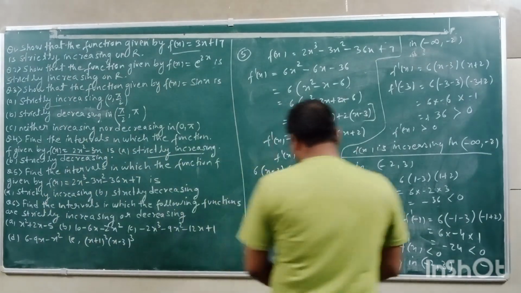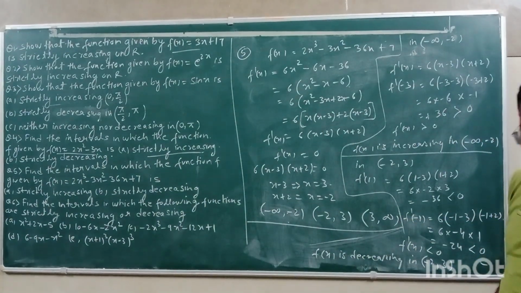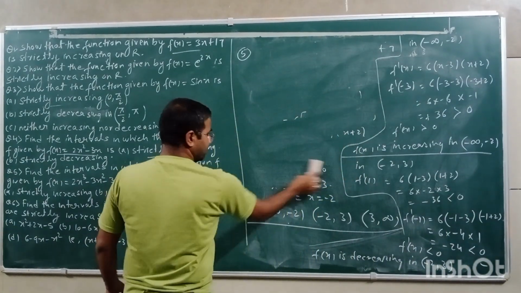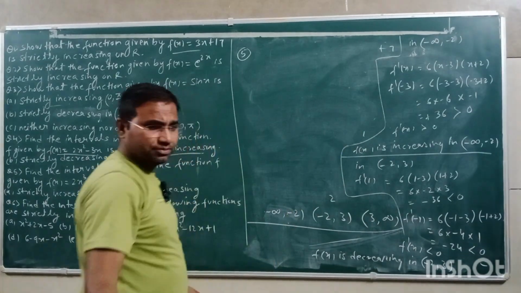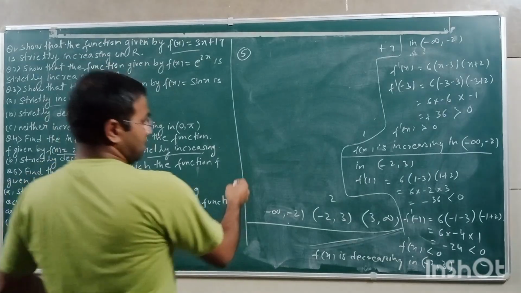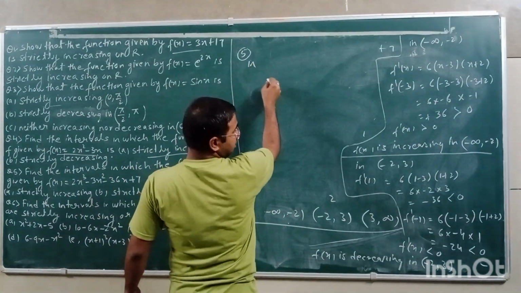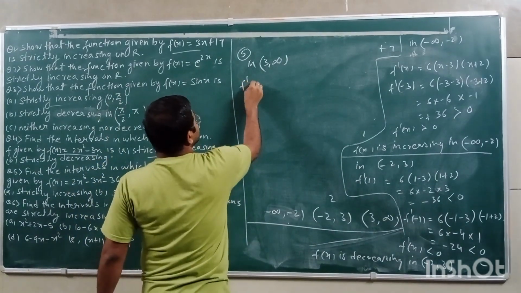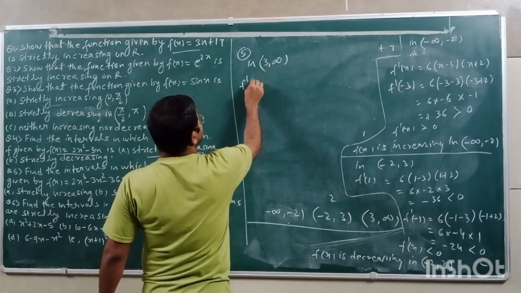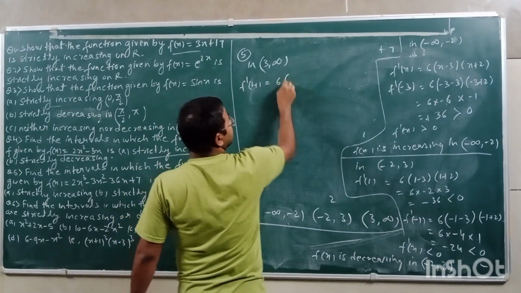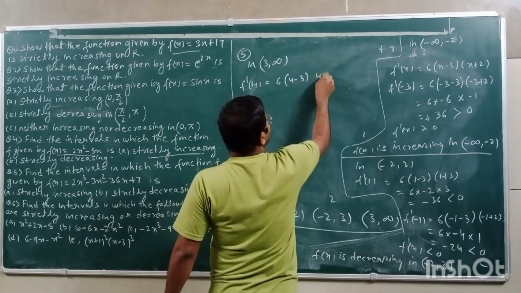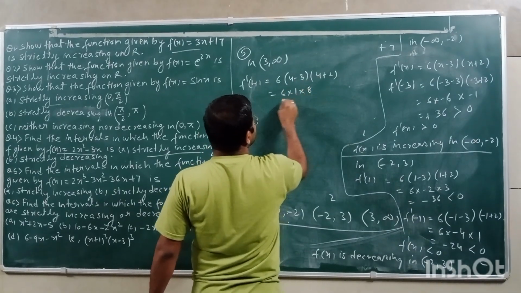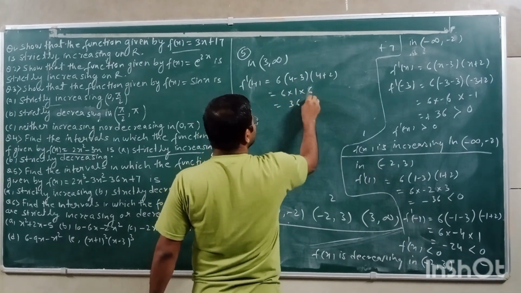Now we will check in the interval 3 to ∞. For writing this, I have to erase this one. I hope you have noted it down. Now in (3, ∞), take any value, suppose 4. Then 6(4 − 3)(4 + 2), that is 6 into 1 and 6, so 36 is coming, greater than 0.